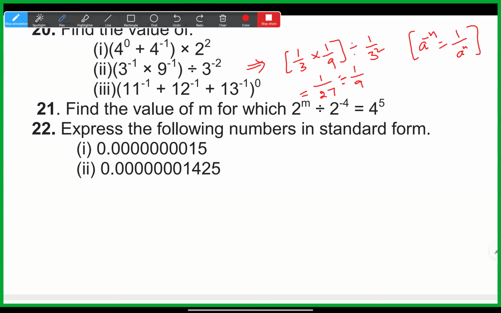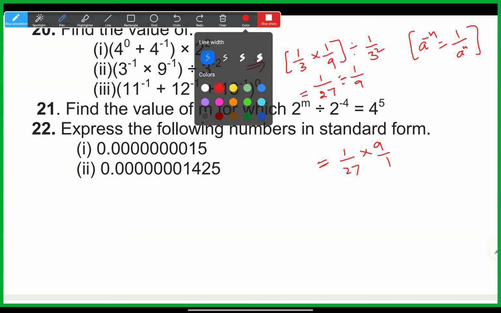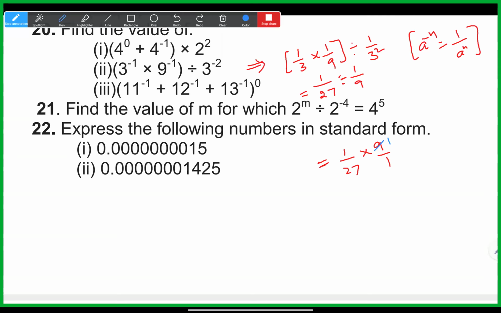So finally this will become 1 by 27, and division will become multiplication, 9 by 1. 9 ones are 9, 9 threes are 27, sir. So the answer is 1 by 3. Any doubt? No, sir.